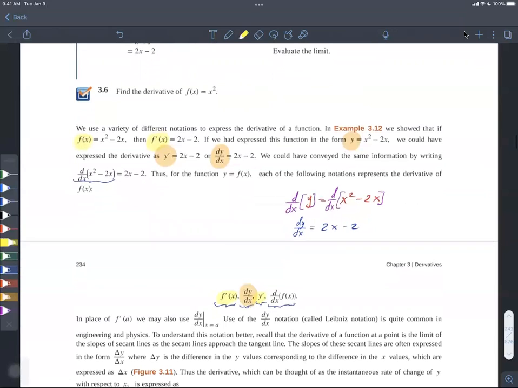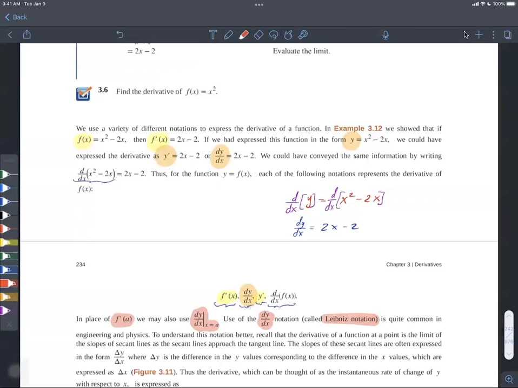In place of f prime of a, so suppose we want to calculate the derivative at a certain value a, we could also use the notation dy dx and then this vertical bar, which means it's evaluated at x equals a. Use of the notation dy dx, called Leibniz notation, is quite common in engineering and physics.